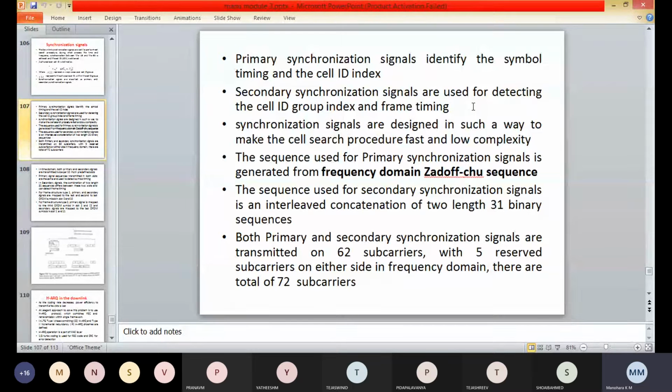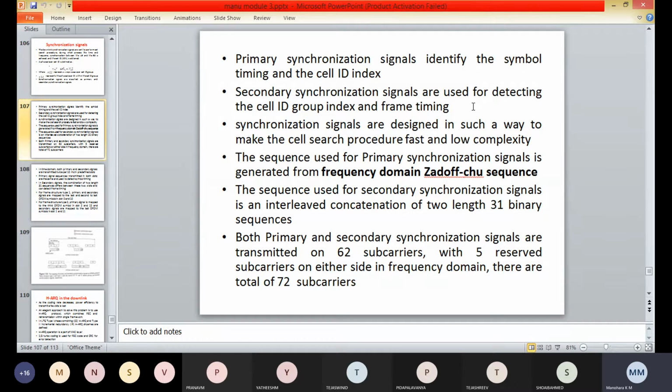So here the synchronization signals are designed in such a way as to make the cell search procedure fast and of low complexity. The sequence used for the primary synchronization signal is the frequency domain Zadoff-Chu sequence.